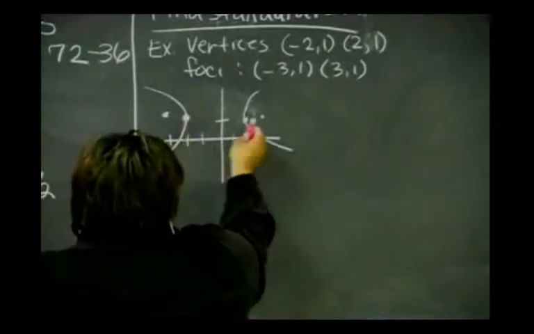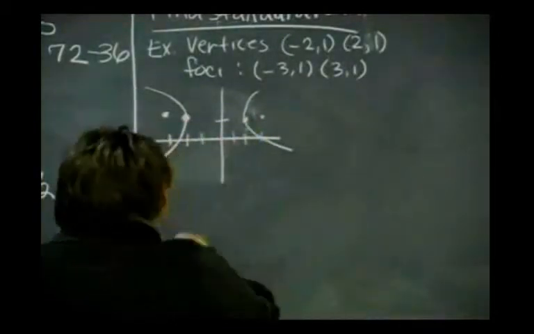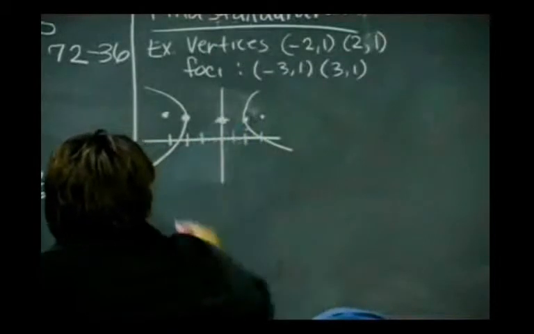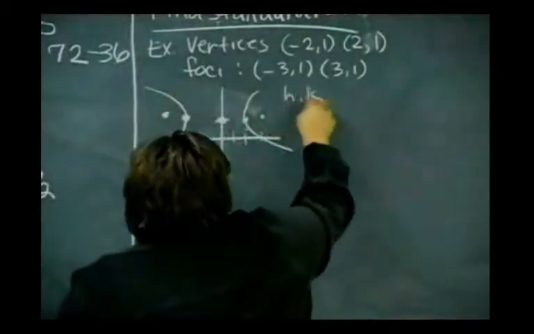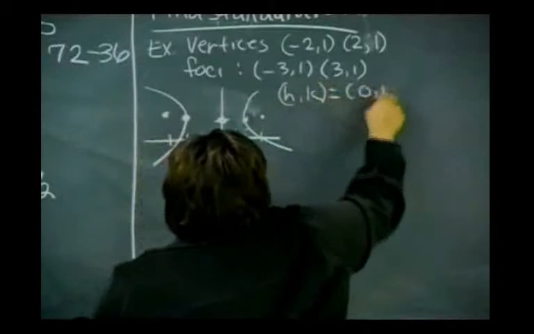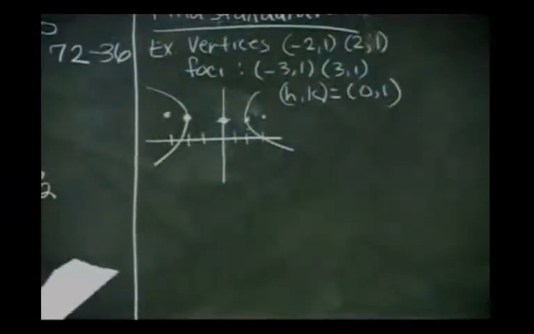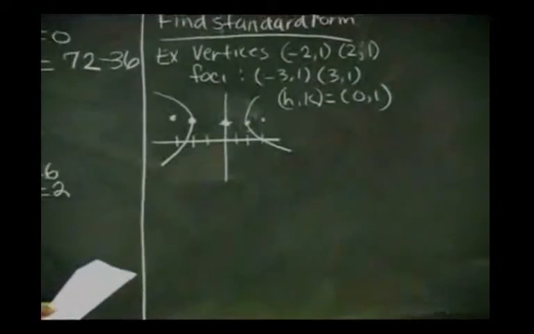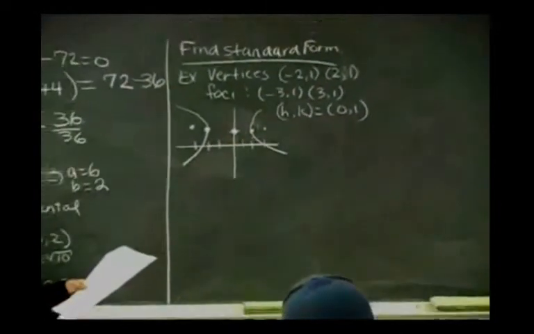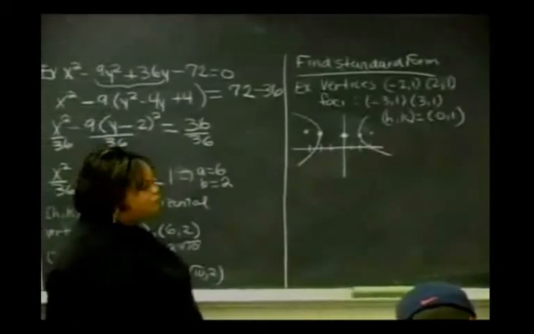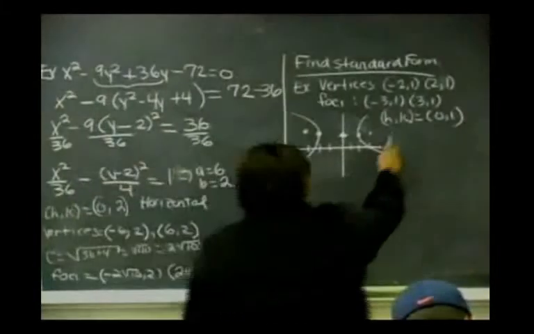It's the midpoint between the vertices, which is the point 0, 1. So HK is 0, 1. And our transverse axis is what? Horizontal. We can also see from the picture.